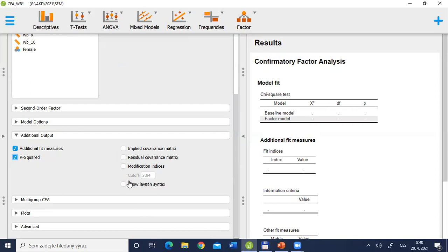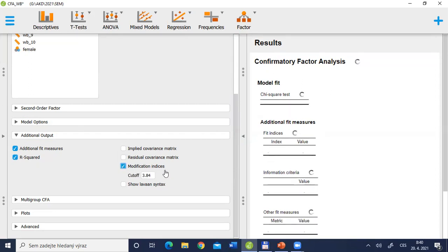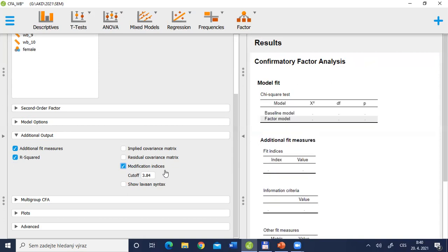But here I would also ask for so-called modification indices. This would add information about what could be changed in my model that could help my model. You can see that by default, there is a predefined cutoff of 3.84.